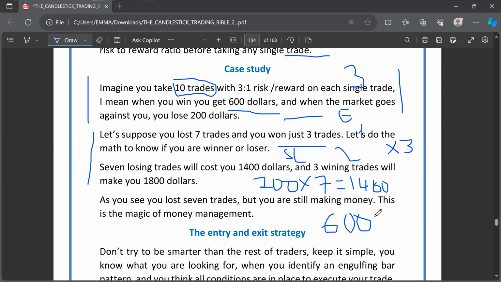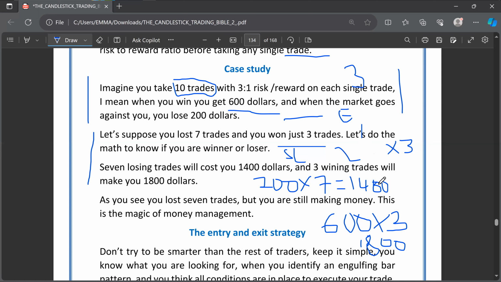So it's 600 per trade. Now, for 3 of the trades, that would be 600 times 3, which is 1,800. So if you look at this calculation, even though you lost a number of trades, the number of trades that you lost was actually 7, calculating those 7 trades is 1,400.